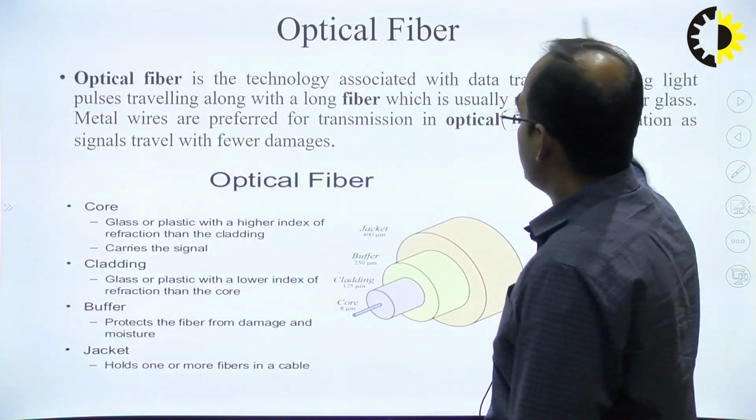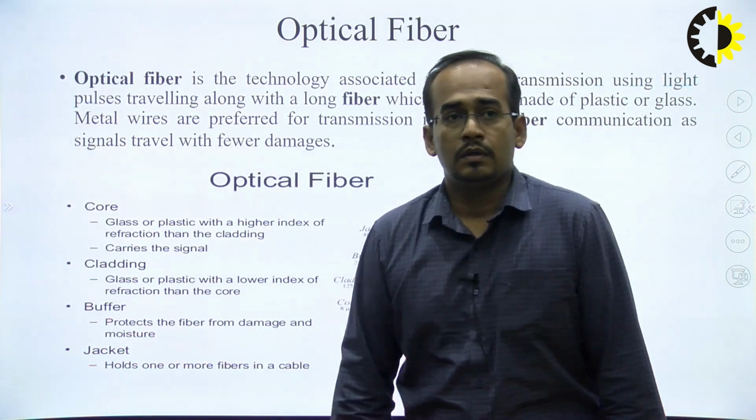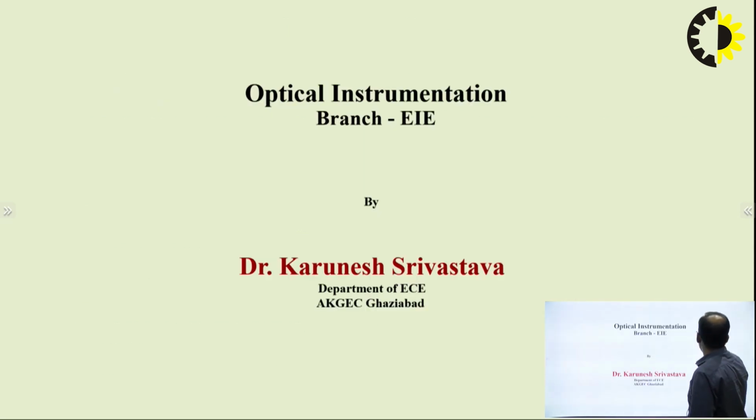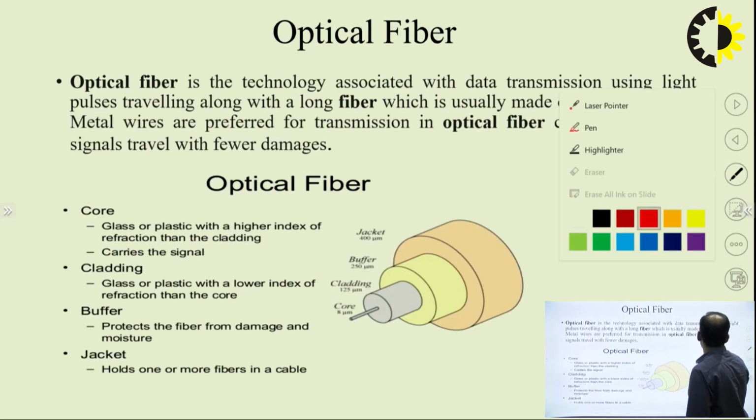So what is optical fiber? Optical fiber is a technology associated with data transmission using light pulses traveling along a long fiber, which is usually made up of plastic or glass.